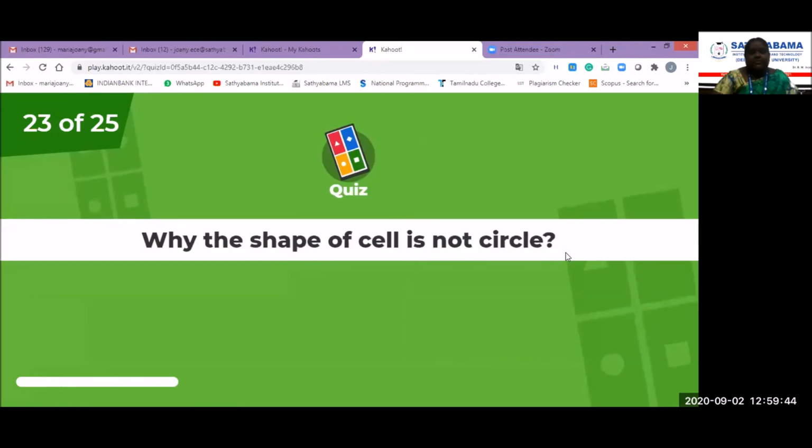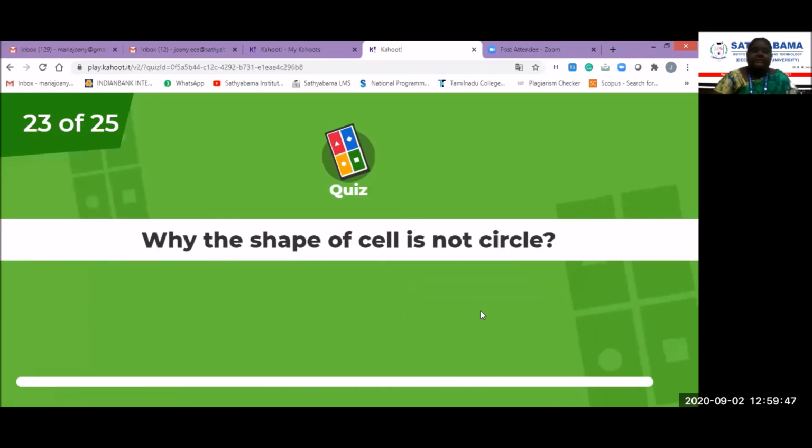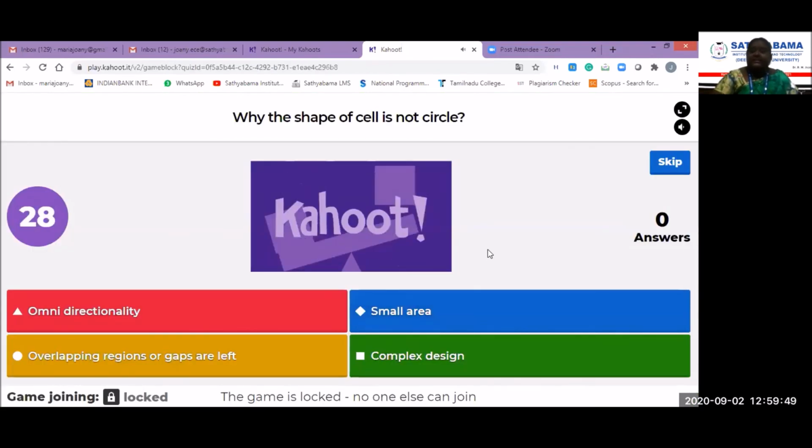3 more questions to go. Why is the shape of the cell not a circle? It is hexagonal in shape, as we have mentioned already. What is the reason? The options are omnidirectionality, smaller area, overlapping regions or gaps are left, or complex design.